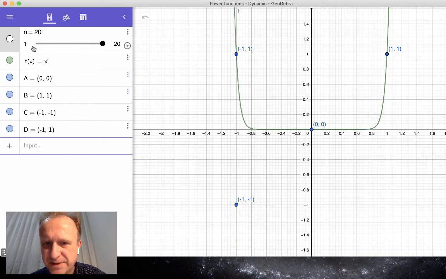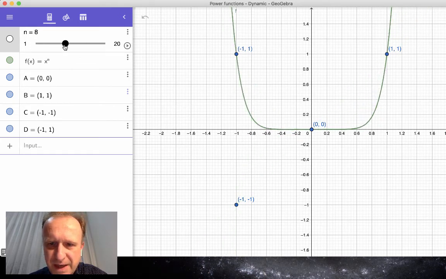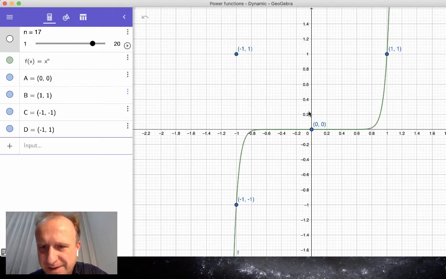18, 19, 20. Okay, so what you saw is that for odd powers of n, the graph resided in the first and the third quadrant. For even powers of n, it resides in the first and second quadrant. Moreover, as you increase n, the graph flattens out in this region between 0 and 1 and becomes more steep in the region of x values greater than 1.